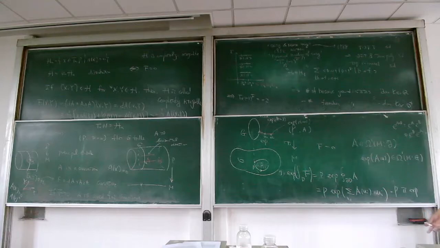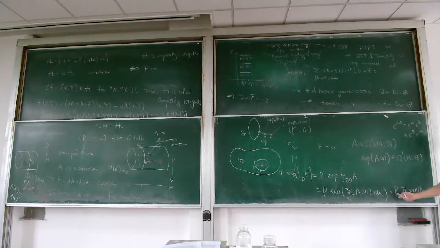If you take A(u_i) delta u_i and sum over i, the multiplication is not commutative, so you have to specify the order of how you multiply.